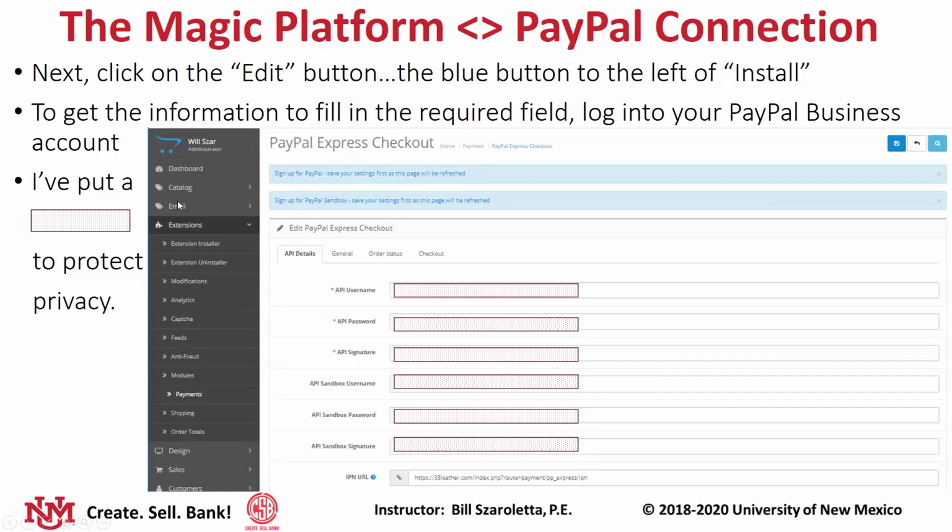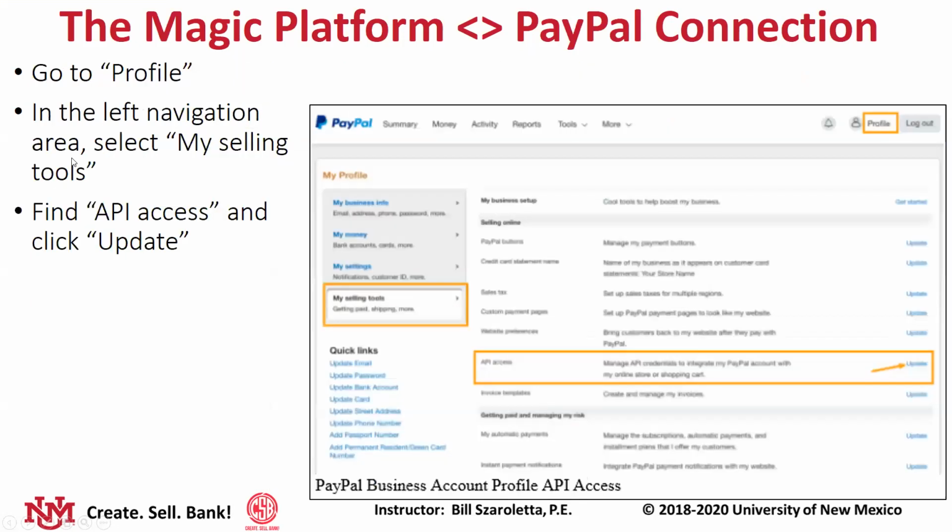And I'm going to go to the edit, but you want to have the API username, API password, API signature, API sandbox username, API sandbox password, and API sandbox signature. In order to get this, you log into your PayPal business account, and you go to Profile, and then you go to over here, My Setting Tools, and you go to API Access, and you click Update.